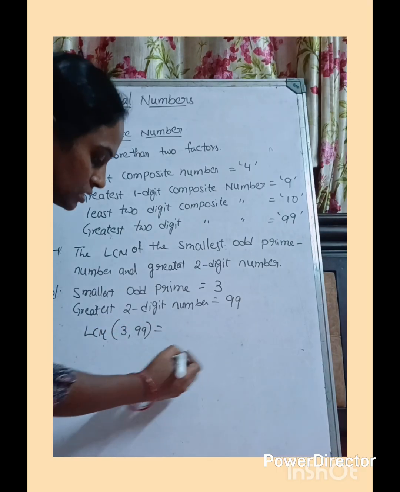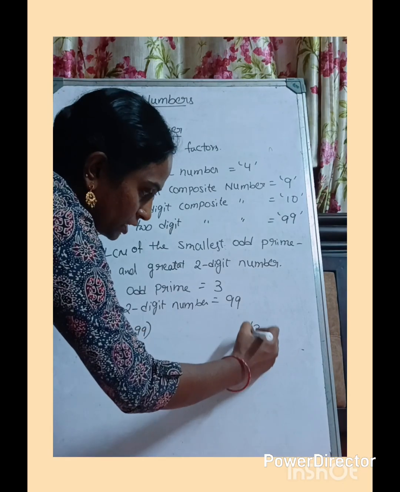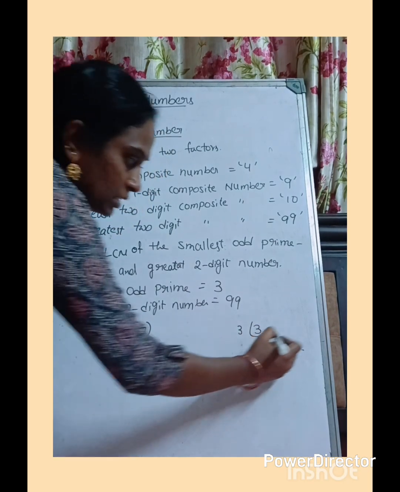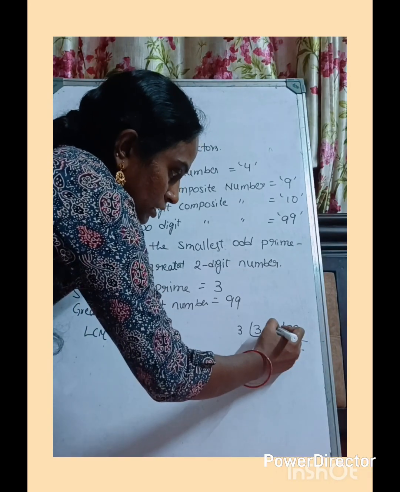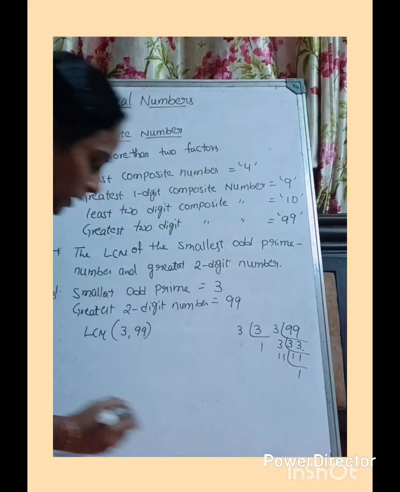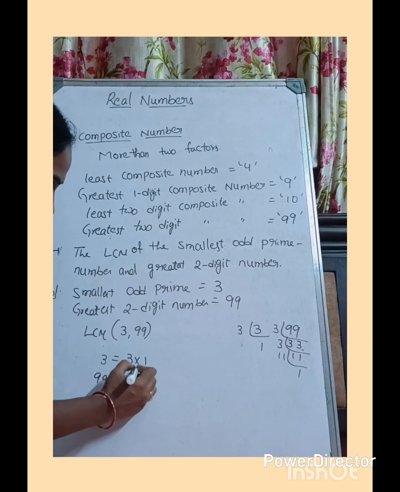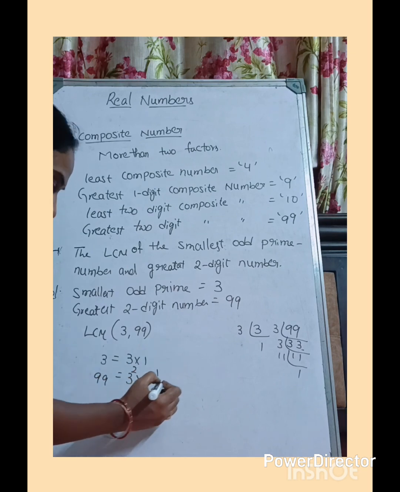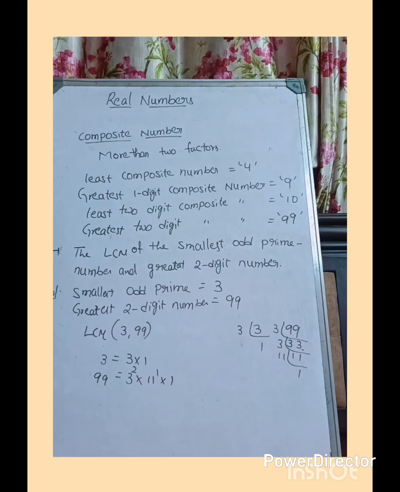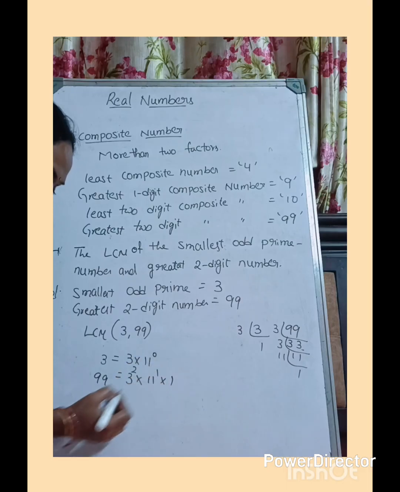So let's go with the prime factorization. 3 is 3 into 1. In the same way, 99 is 3 times 3 times 11, so 99 is 3 power 2 into 11 power 1, and 3 is 3 into 11 power 0.